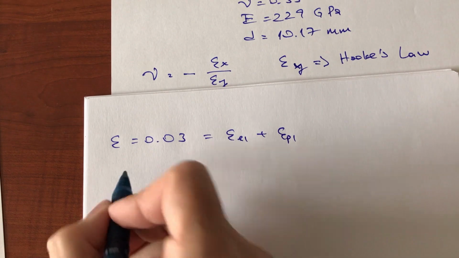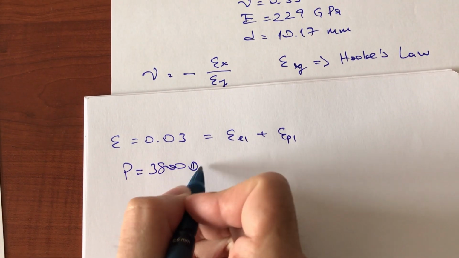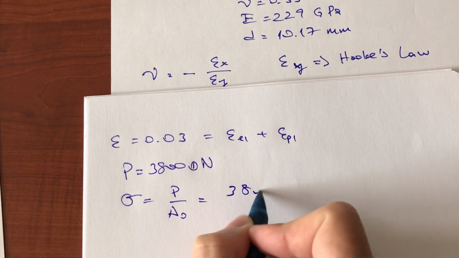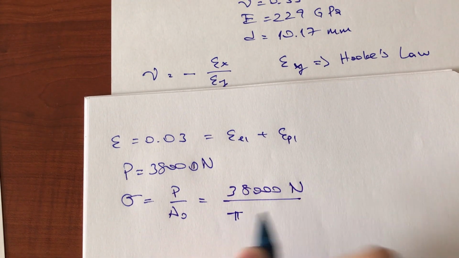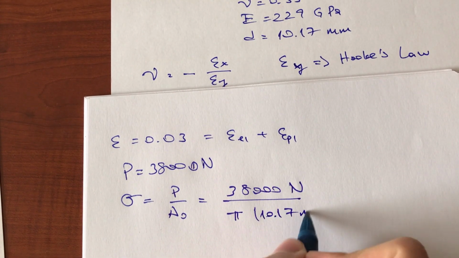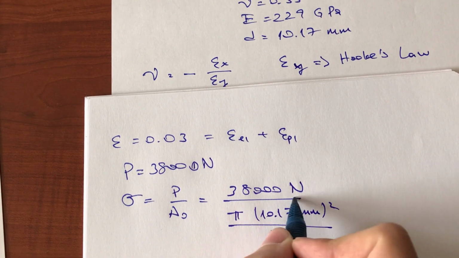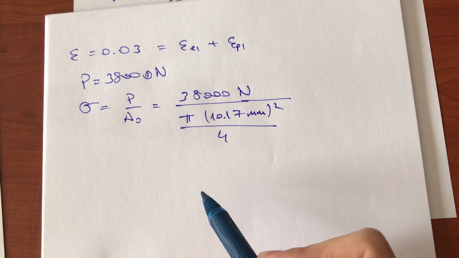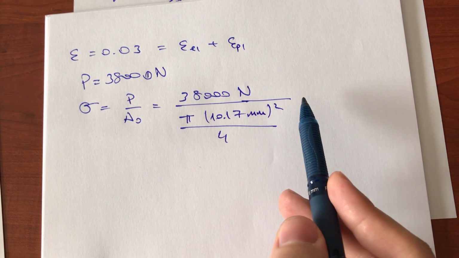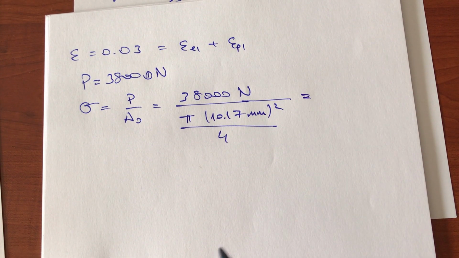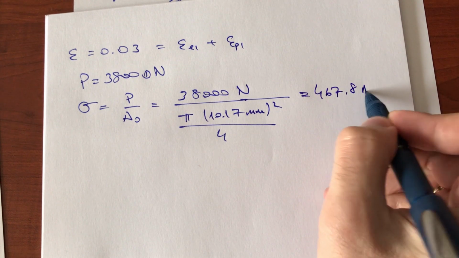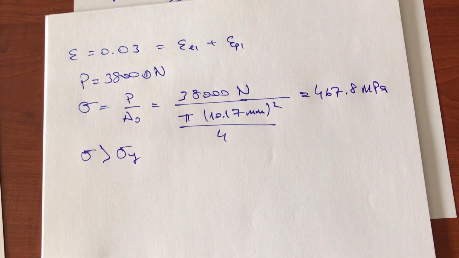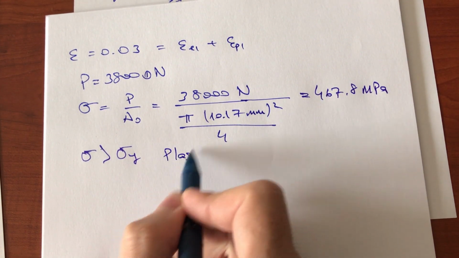So first, for the given load of 38,000 newtons, we calculate the stress with our simple P over A0 expression, and A0 is the area of a circle. This turns out to be 467.8 megapascals. So we are clearly above the yield strength. We have plastic deformation in the material.